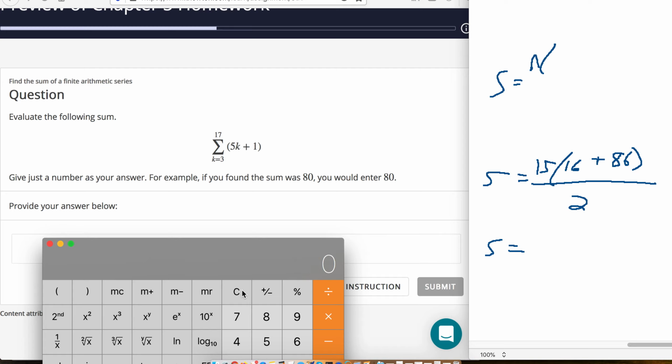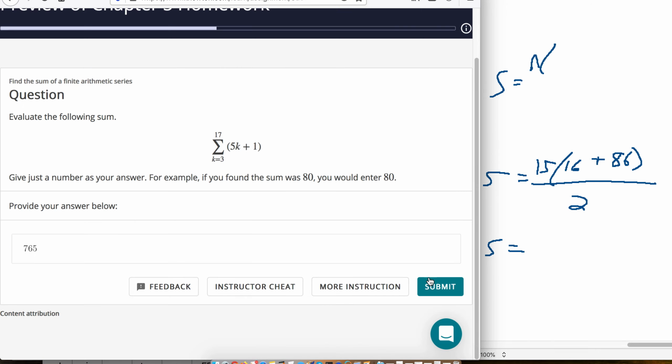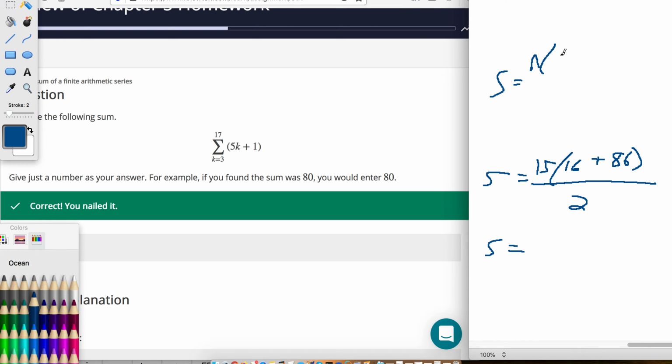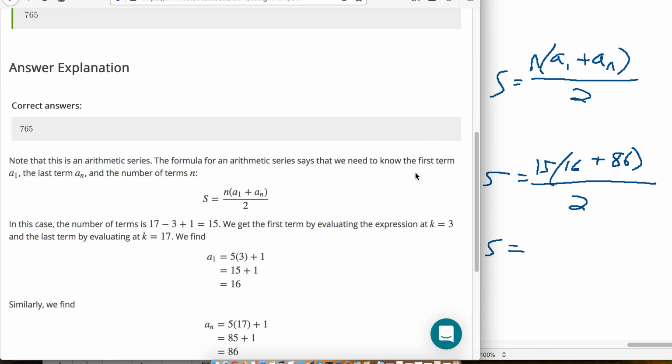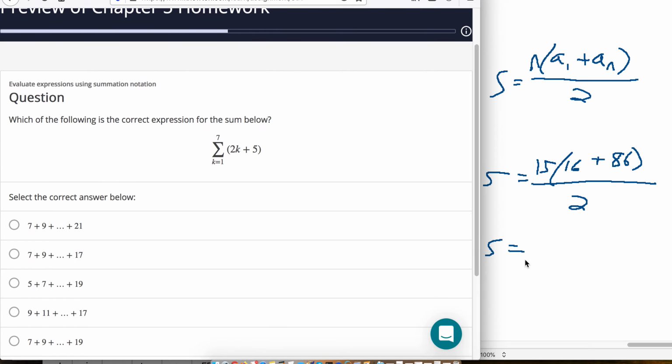So 16 plus 86 times 15 divided by 2, 765. Yeah, I should have written out the whole formula. Okay, this is your first term plus your last term, divided by 2. Let's see what else we got here. Okay, same type of thing for that one.